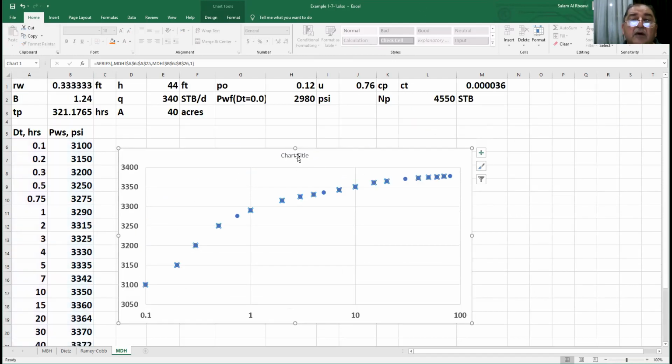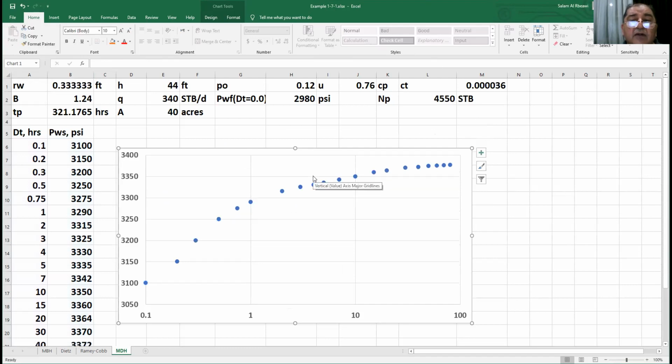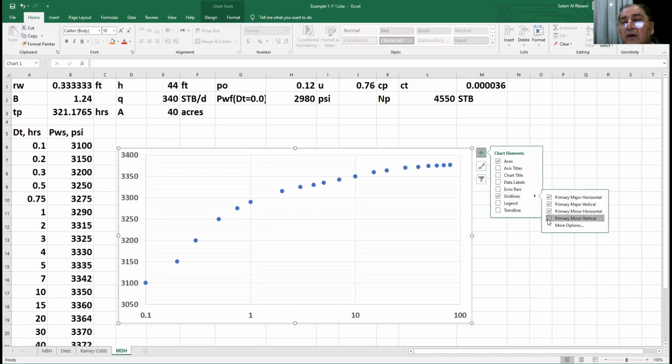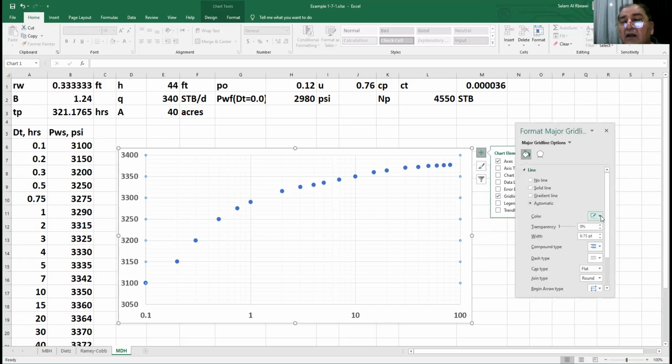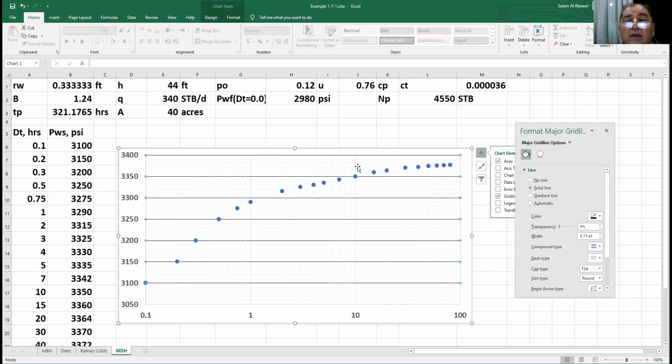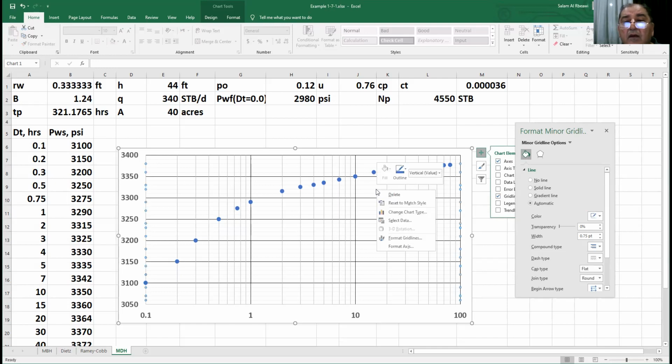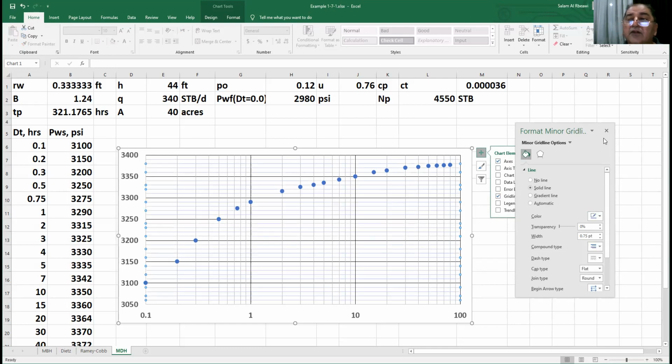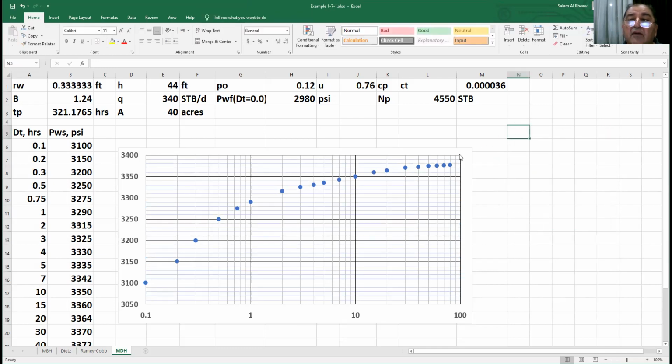Now I'm going to set the grid lines. For the major grid lines, we go with black, and for minor, a little bit of light blue.